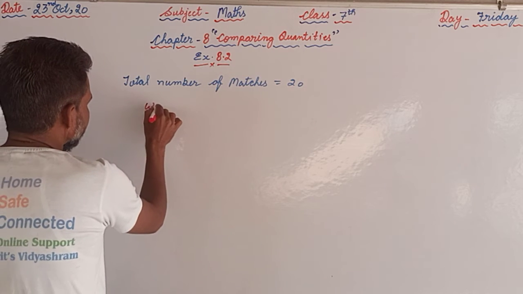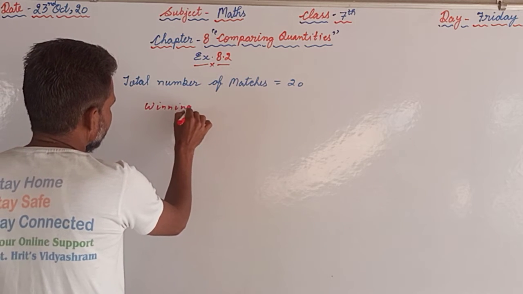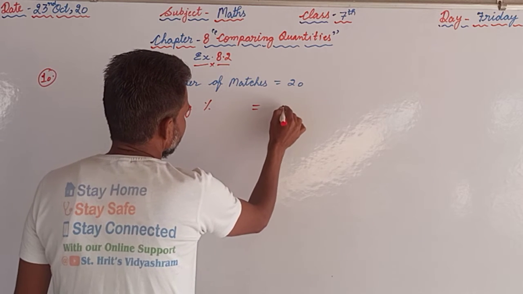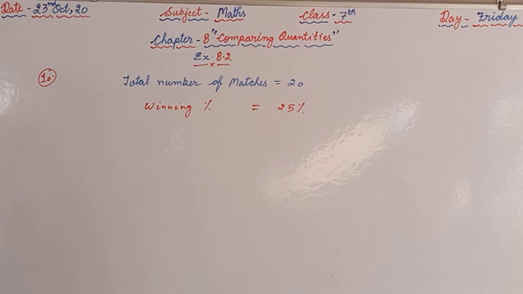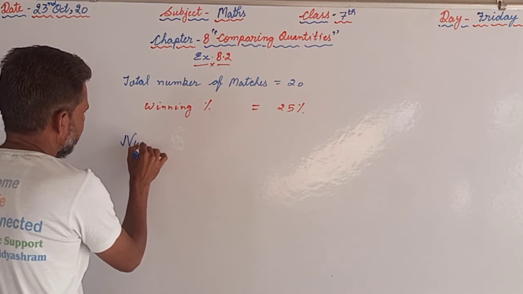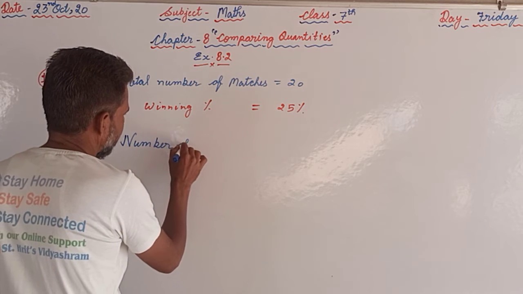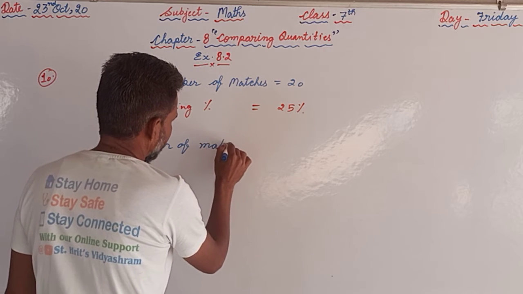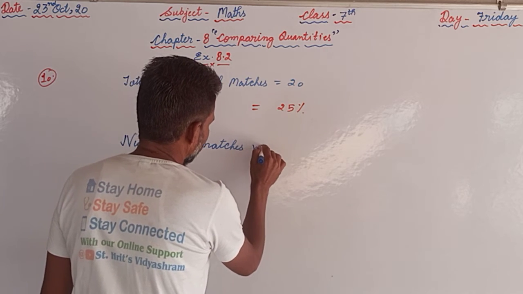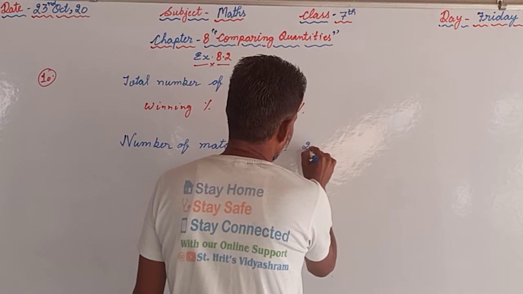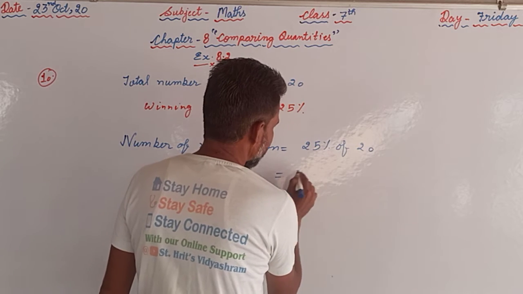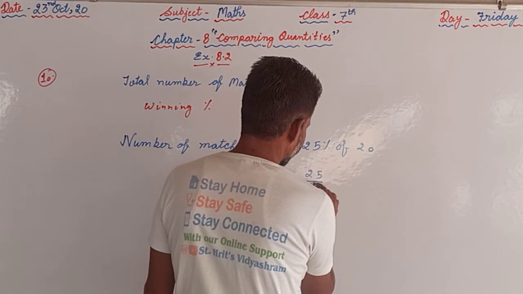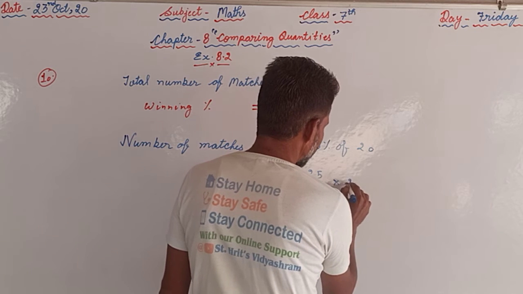winning percentage, %. So number of matches won, 25% of 20, that is 25% means 25 upon 100 into 20.